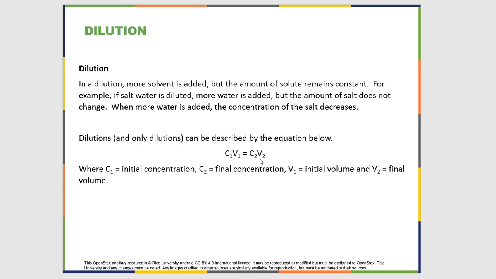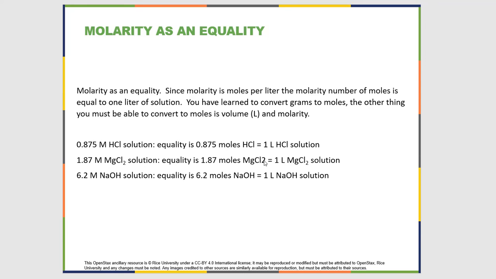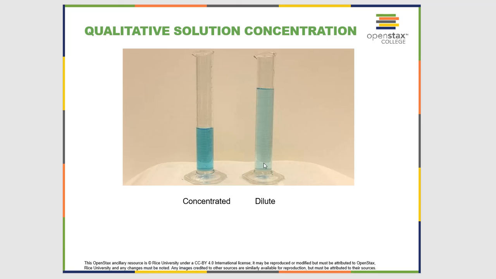So if we take a concentration times a volume, if that concentration is molarity times a volume, we get moles. If we take then the final concentration times the volume, we get moles. And if we look at this up here, the amount of blue food coloring is unchanged. There's the same number of moles of blue food coloring in this flask as in this one after. So if this is like before and after, the number of moles of blue food coloring are the same.